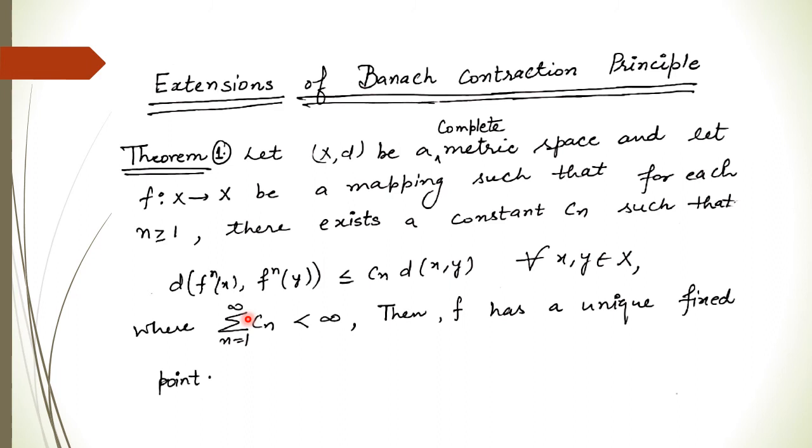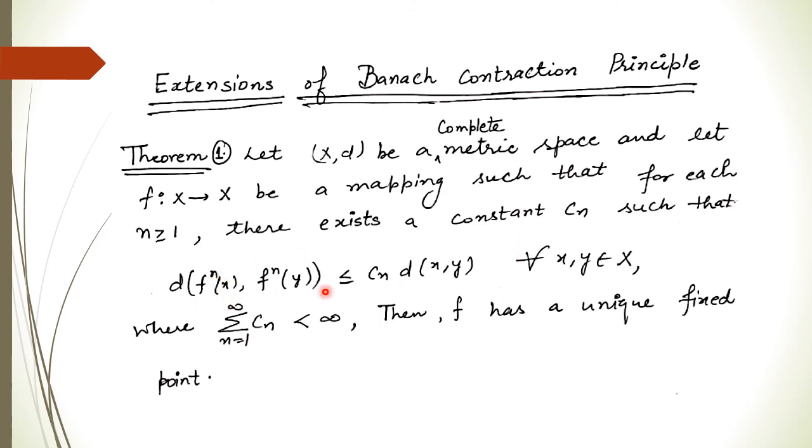Now just see, if this series is convergent, then clearly its tail will be going to 0. So that tail is very small. That means this number Cn is very small whenever your n is very large. So this implies your mapping fⁿ is a contractive mapping.